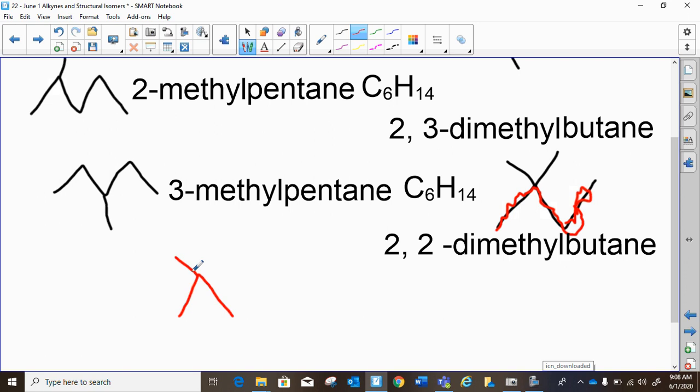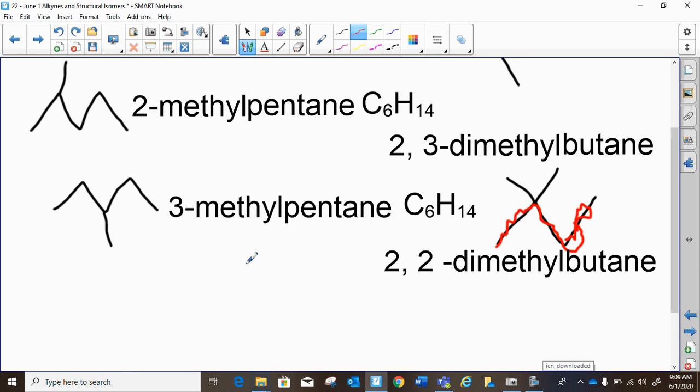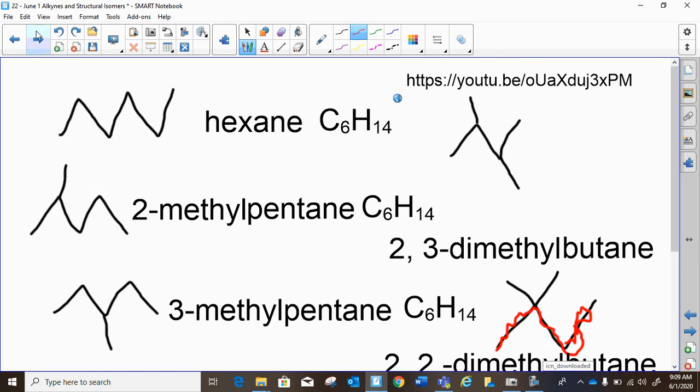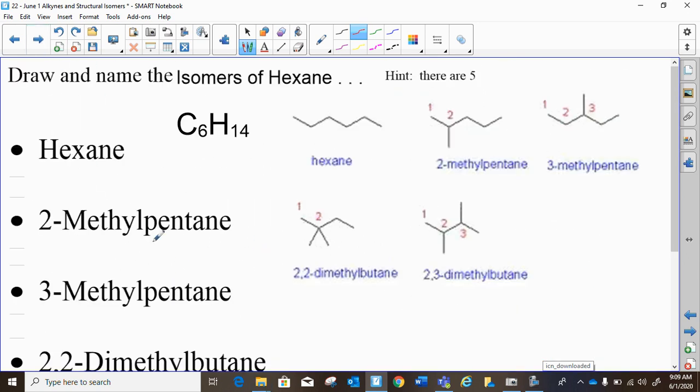I can add a 4th and a 5th, but when I go to add that 6th, there's no place for it to go. If I put it on the end here, I'm lengthening the chain. If I put it here, I'm lengthening the chain. And if I put it here, now I have carbon with 5 around it, and that's not possible. So I have indeed found all of the isomers of hexane. Here they are, nice and pretty.